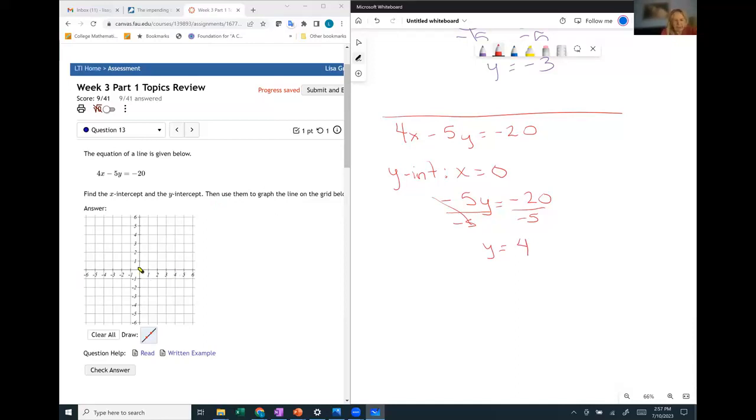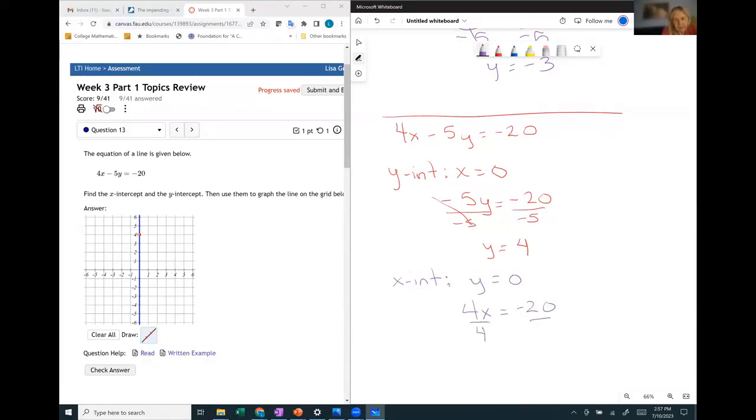So I'm going to graph y equals 4 as my y-intercept. Then let's do the x-intercept. So with the x-intercept, I say y is equal to 0. Exactly. So I end up with 4x minus 0 equals -20.